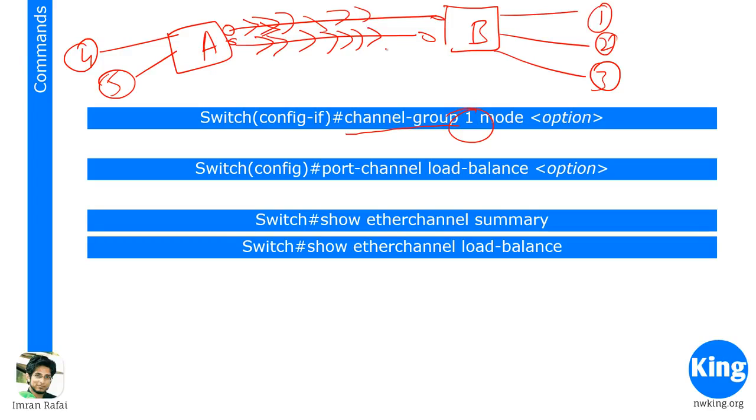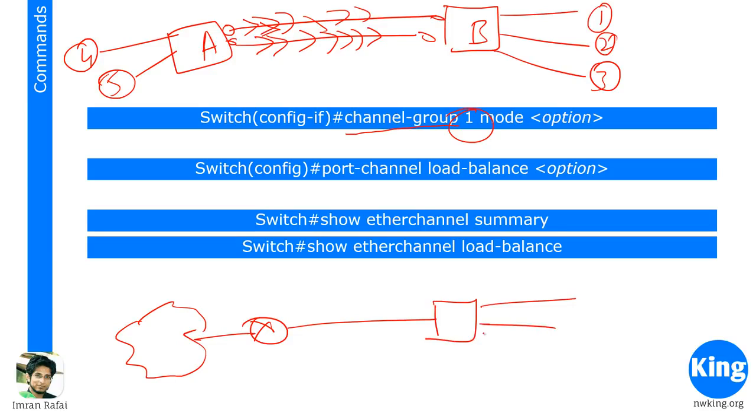But then it is not an ideal situation, right? So for instance, let's say there is the internet, and this is a device, and let's say there's a switch here, and the switch is connected to 3 PCs. Now if traffic is coming from outside the network, it will all come with the source MAC address of this particular device or this particular port, because this is the gateway, right?